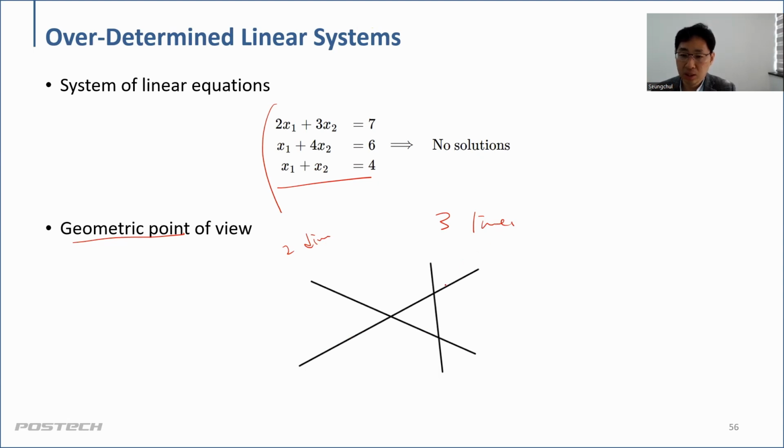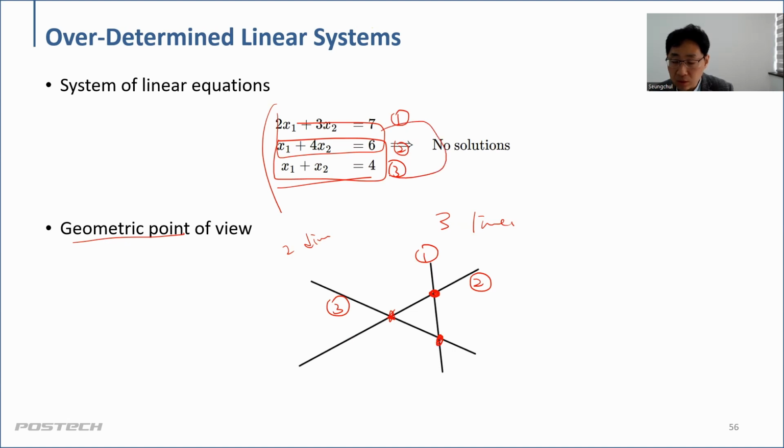Say this is the first, second and third, and this one is the intersection point of the first and second, probably the solution of these two. And this one is the solution of these two equations. And this one is probably the solution of these two.